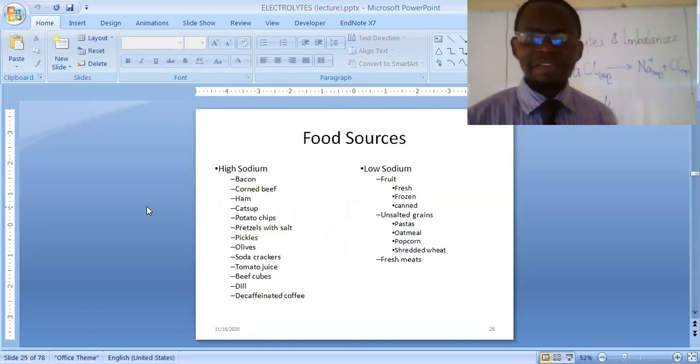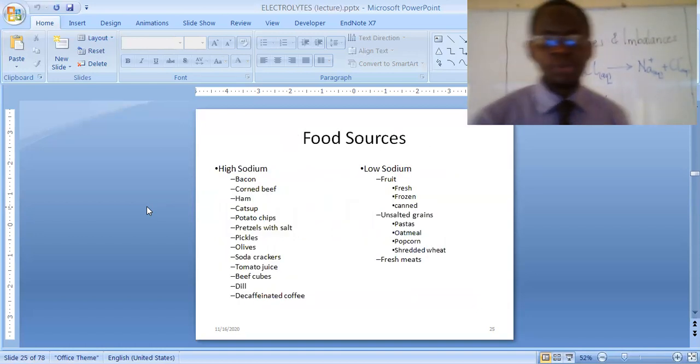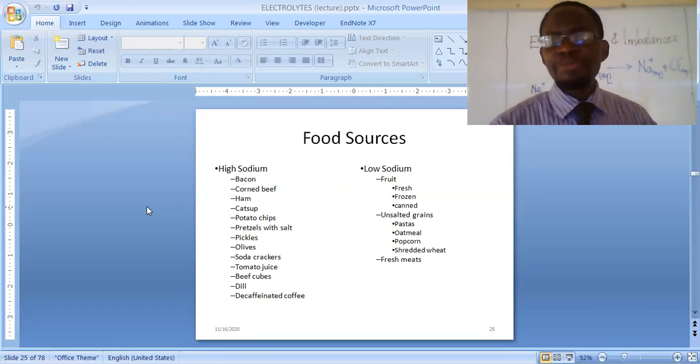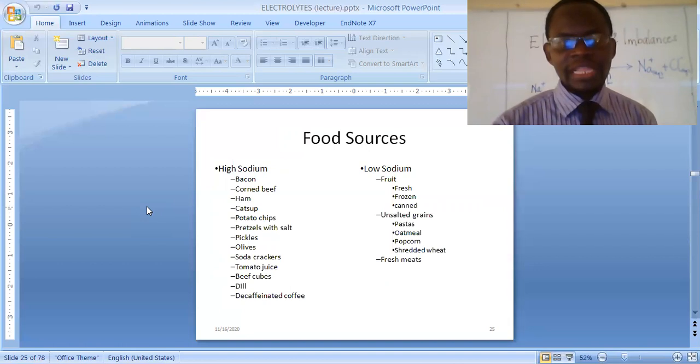Now, what are the food sources for sodium? Fast foods, those foods that are prepared for you very fast. Those of you who like eating chips, Rolex, and all those fast foods, there is a very high concentration of sodium in those. Things like bacon, ham, olives, tomato juice.